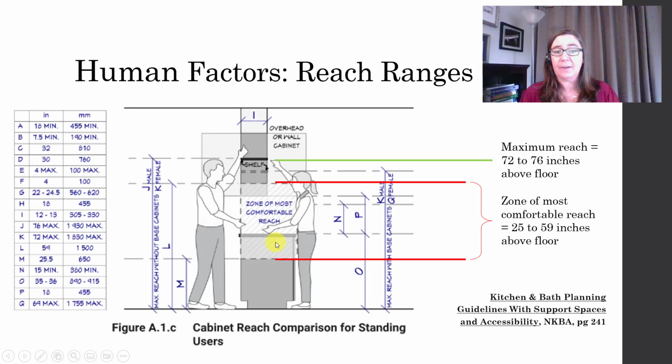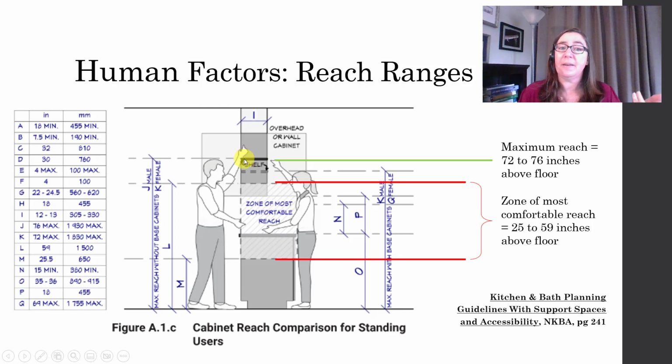I've highlighted right here in red, from 25 to 59 inches above the floor. So that includes the top drawers in your base cabinets. It includes maybe the bottom shelf of your upper cabinets, and of course, everything in the countertop area.